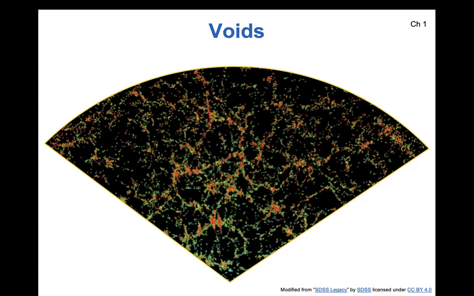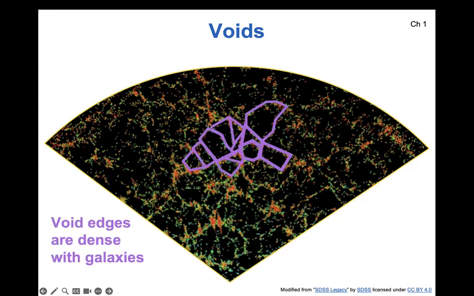Where there's just a few galaxies, it would be green. And where there's no galaxies, then it would be black. Where there's no galaxies are the voids. So the void edges are dense with galaxies, but the voids themselves are mostly absent and have ultimately at their center nothing.